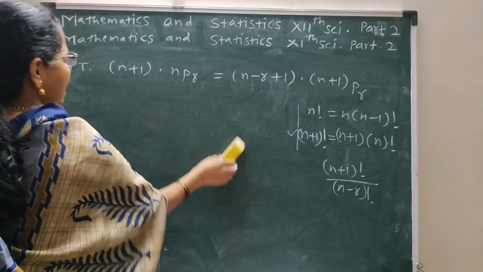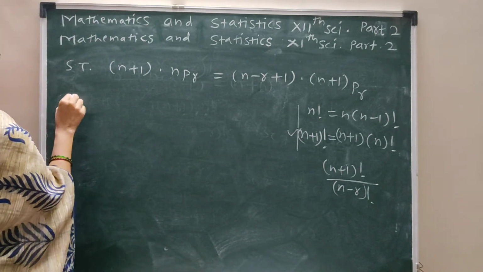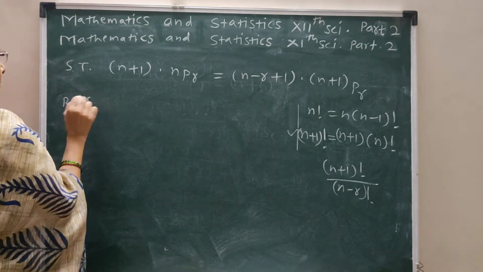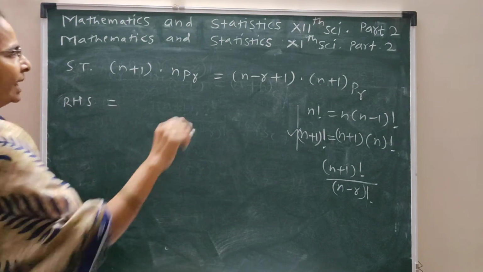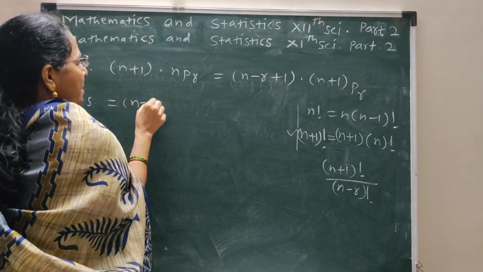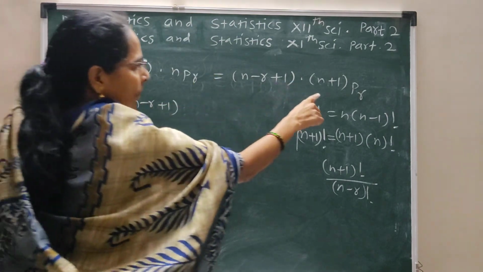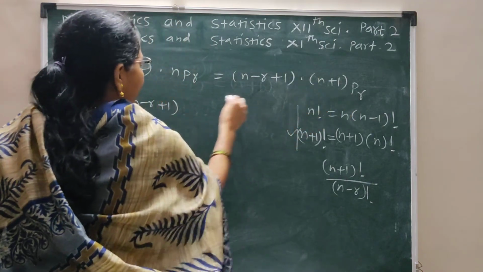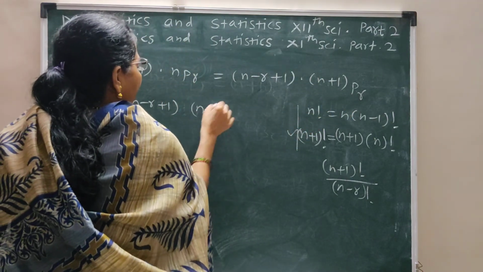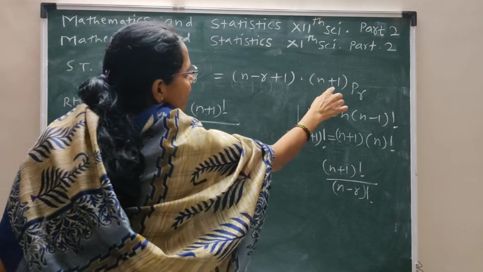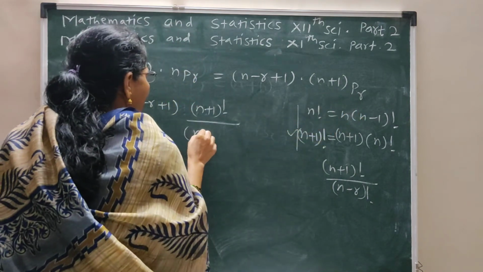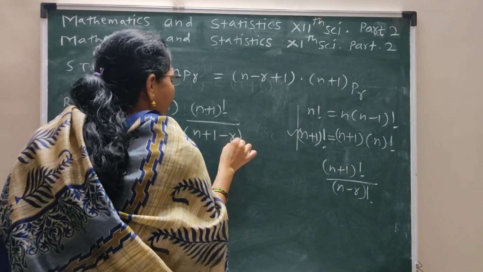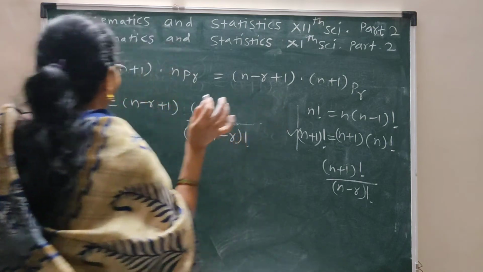See RHS. Solve directly. n minus r plus 1. Use the permutation formula: n plus 1 factorial over n plus 1 minus r bracket factorial.